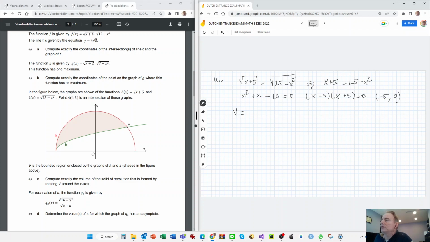So it's just pi times the integral from minus 5 to 4 of k squared, 25 minus x squared, dx, minus pi times the integral of h squared, so x plus 5, dx.